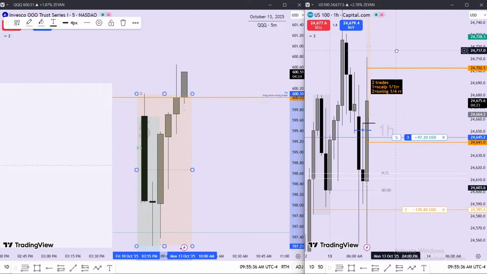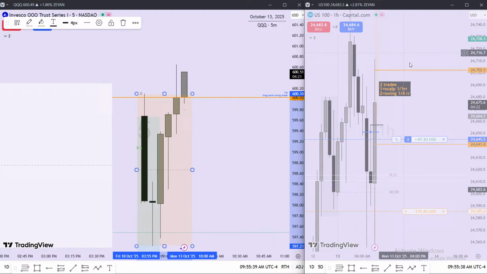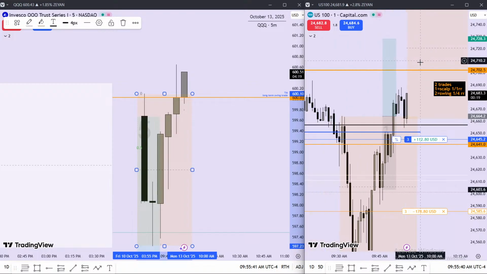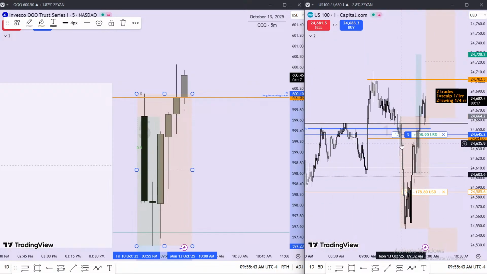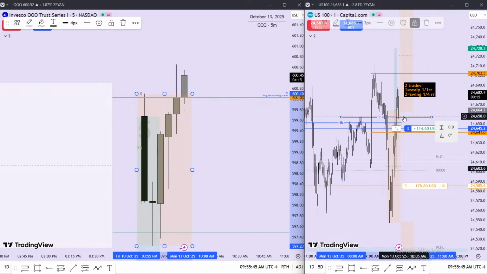I'm gonna mark it slightly. Bulls need the price to stay above this black line. Otherwise, no deal.